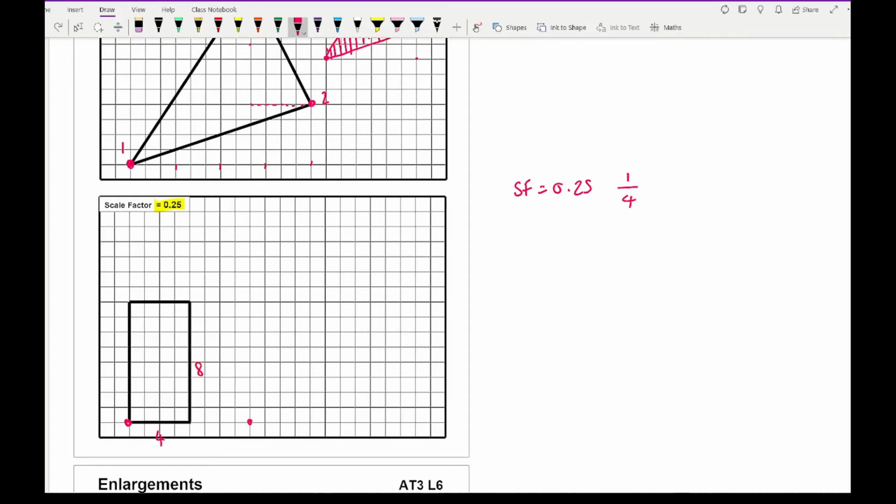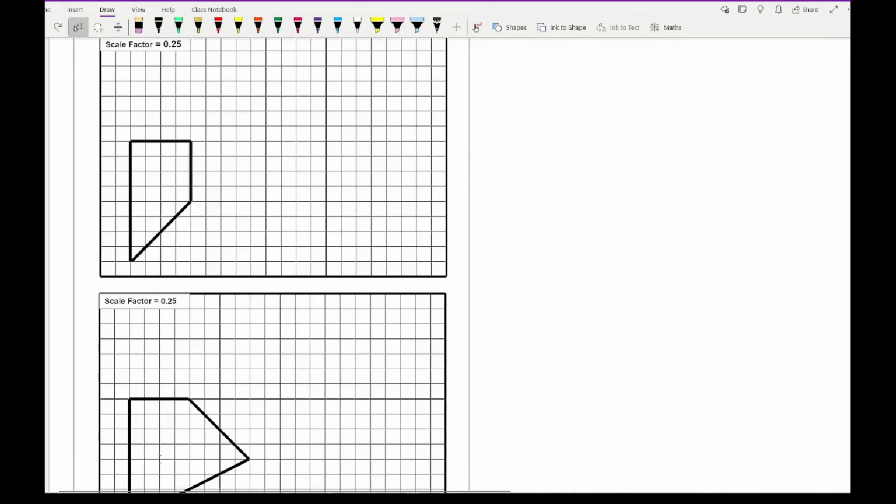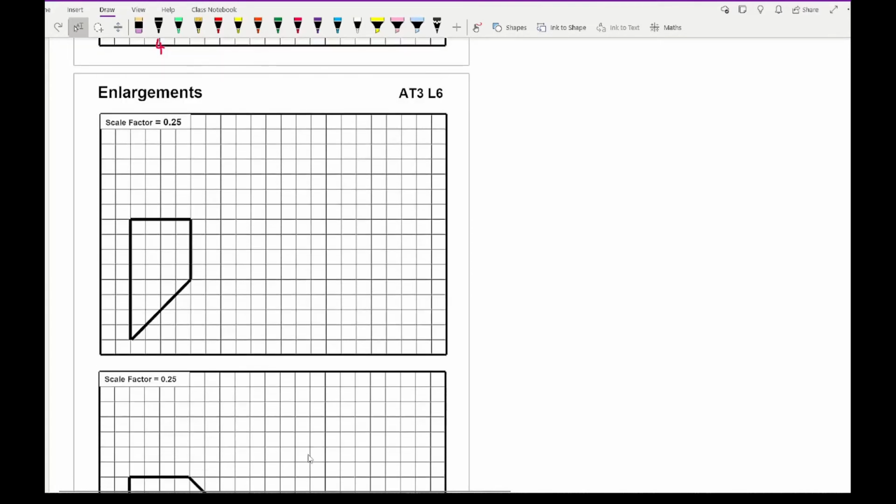All I need to do is multiply those lengths by 0.25, so 4 times 0.25 is 1, and 8 times 0.25 is 2. So it's going to have dimensions of 1, 2, so it's going to look like this. And there we go.